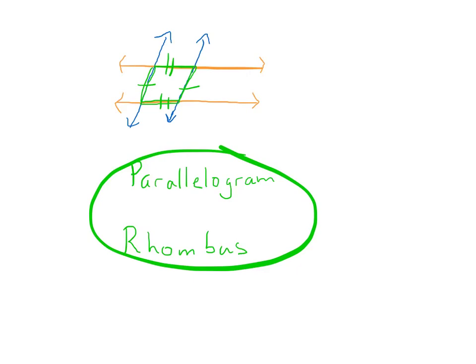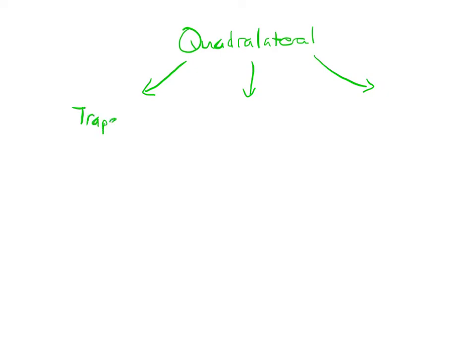All right, I want to show one here, how everything is related. I've got quadrilaterals to learn about. They are four-sided figures. In the quadrilaterals, we can divide them up into three groups. We have trapeziums, where they don't have any parallel sides.